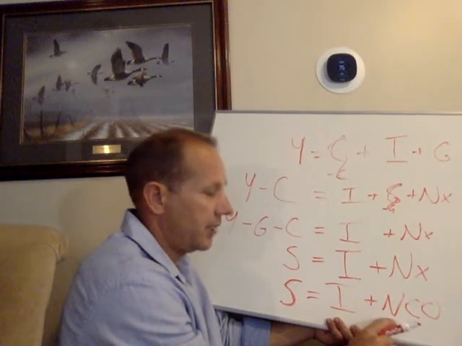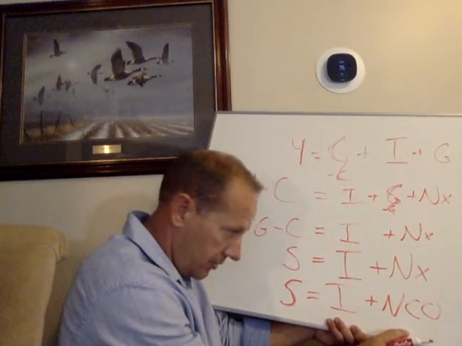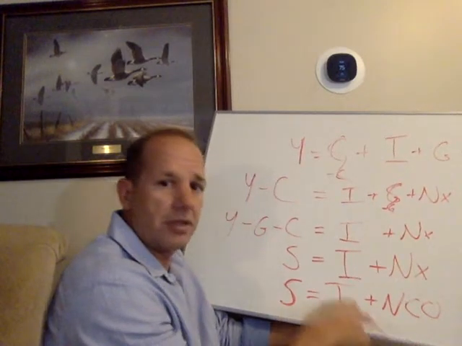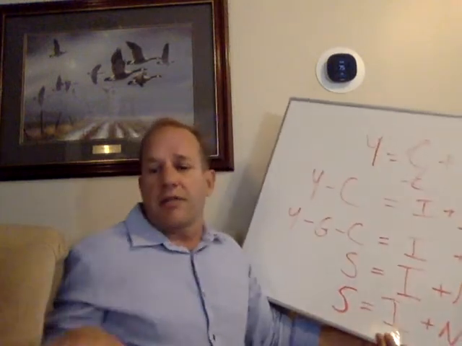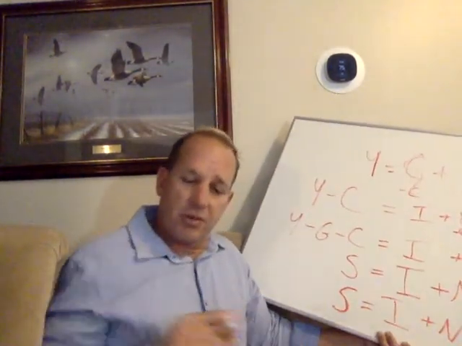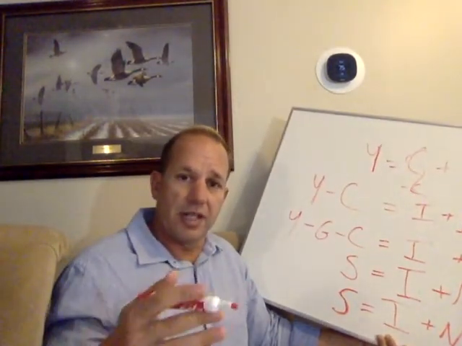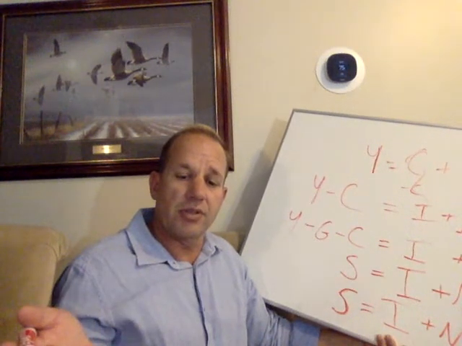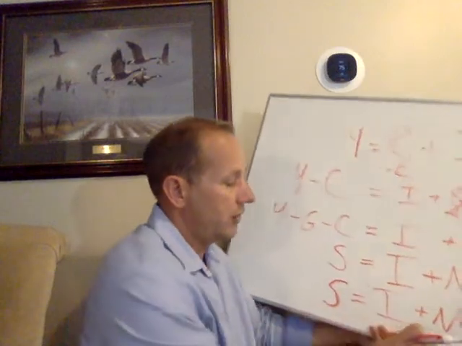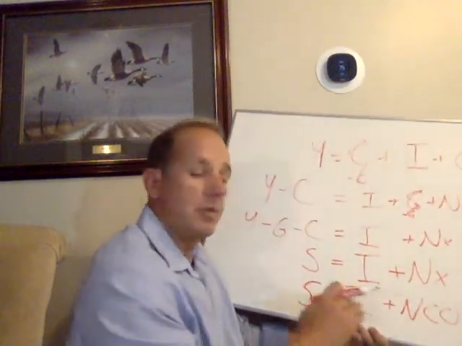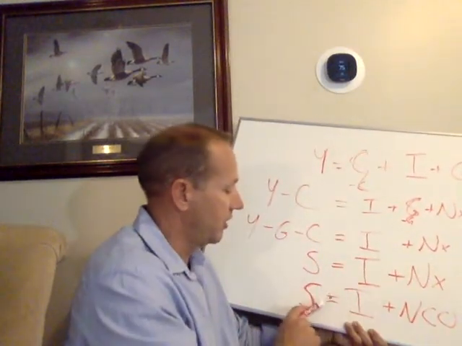This is the net capital outflow. It's the net of, again, let me make sure I word it correctly, our purchases of foreign assets minus foreigners' purchases of U.S. assets. So if this were a positive number, we would be purchasing more foreign assets from our saving.